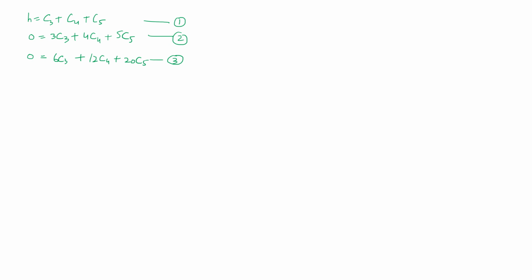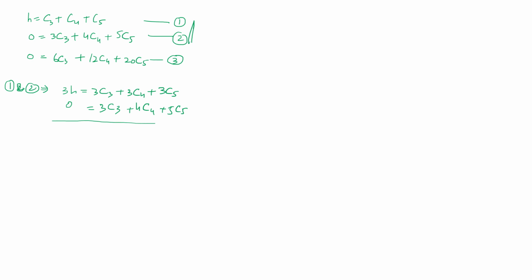So in order to have 3 unknowns solved for from three equations, you are going to start from somewhere, like from these two equations. So 1 and 2 implies that you have, let it be like the first equation multiplied with 3, so this would be something like 3h is equal to 3c3 plus 3c4 plus 3c5, and then you can write down equation number 2 as it is. 0 is equal to 3c3 plus 4c4 plus 5c5.